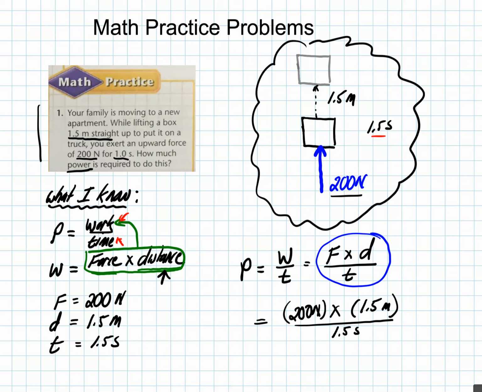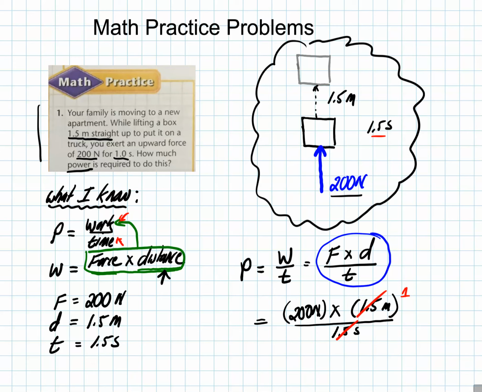So I see that I've got 1.5 on the top and I've got a 1.5 on the bottom. So those, we say cancel, because 1.5 divided by 1.5 is 1. So all that is equal to just 1.